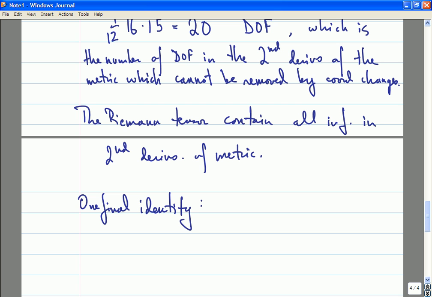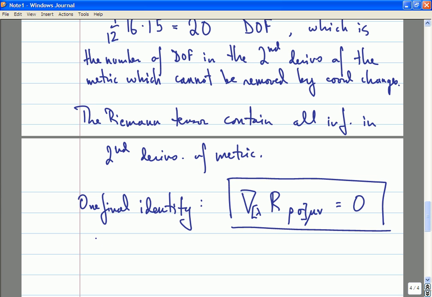But in fact, it turns out that the derivative of the Riemann tensor also will obey an identity. So the Riemann tensor is a tensor. I could start taking covariant derivatives of it. And it turns out that using Riemann normal coordinates, as we have done before, you can prove that the Riemann tensor obeys one final identity involving its first derivative. This is known as the Bianchi identity.